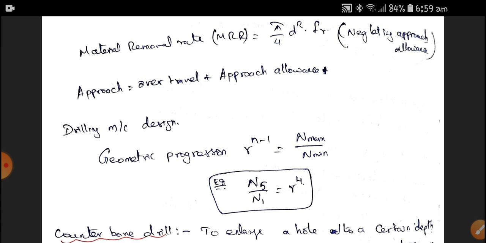Therefore, the geometric progression can be calculated by n max by n min. For an example, we are having 5 stage speed reduction. If small n is equal to 5, therefore the geometric progression of the 4 speed ratios is r power 4 is equal to the maximum speed n5 divided by the minimum speed n1. Therefore, this is the formula to find geometric progression.